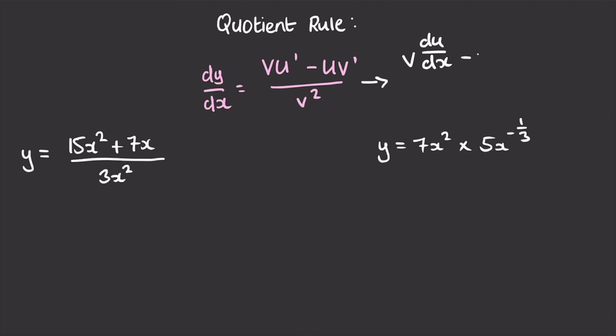Then subtract u multiplied by dv dx, all over v squared. That's basically what it's saying. So it's saying get this variable, whatever it may be in the question, multiply it by the other bit with respect to x, and then same thing over here, and then all over v squared.